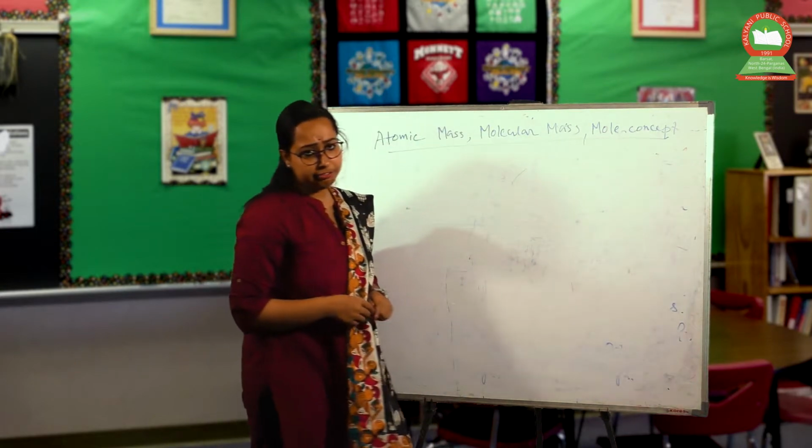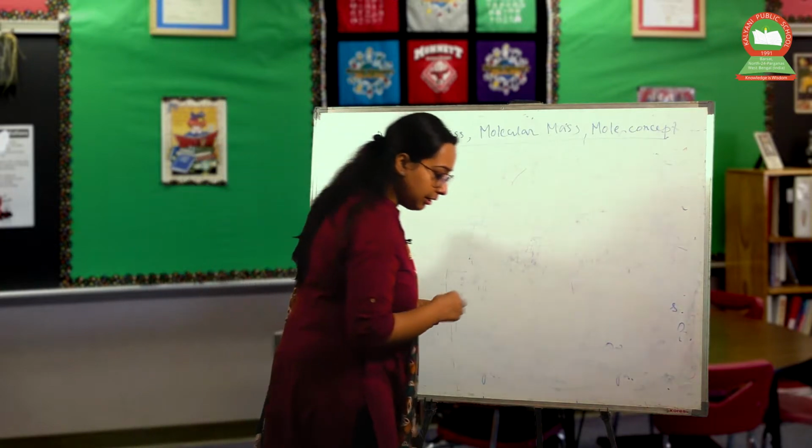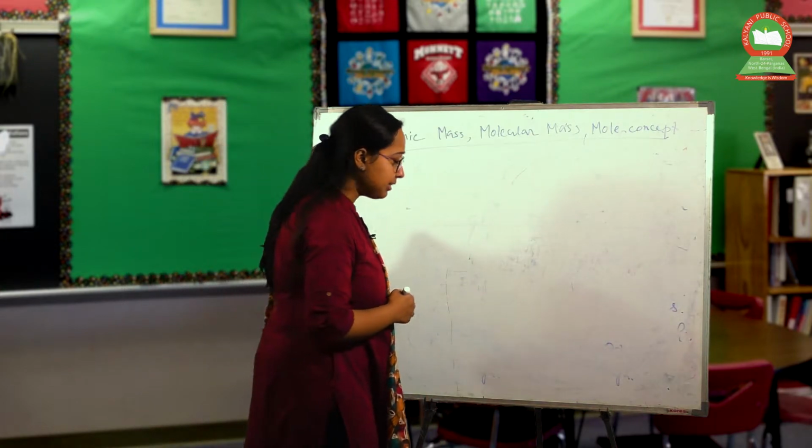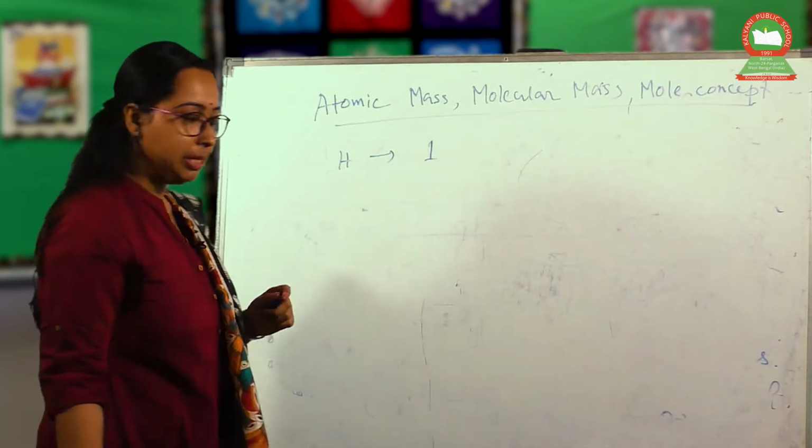On the basis of this, there are theoretical values of the atomic mass of some elements, like hydrogen has 1 atomic mass.